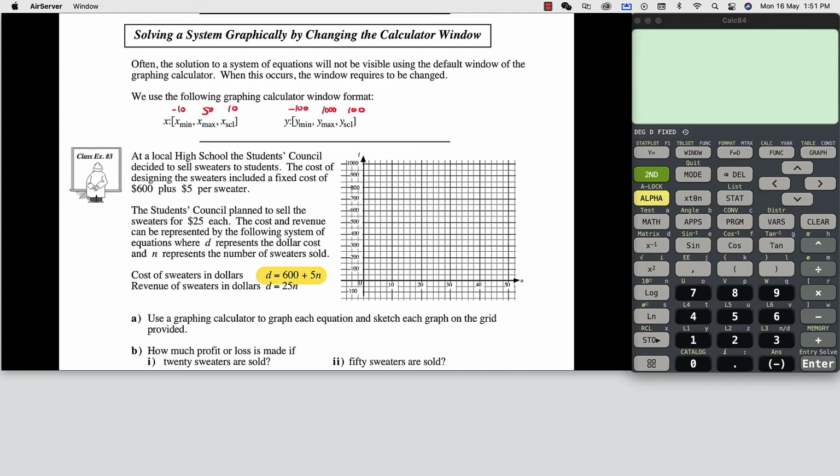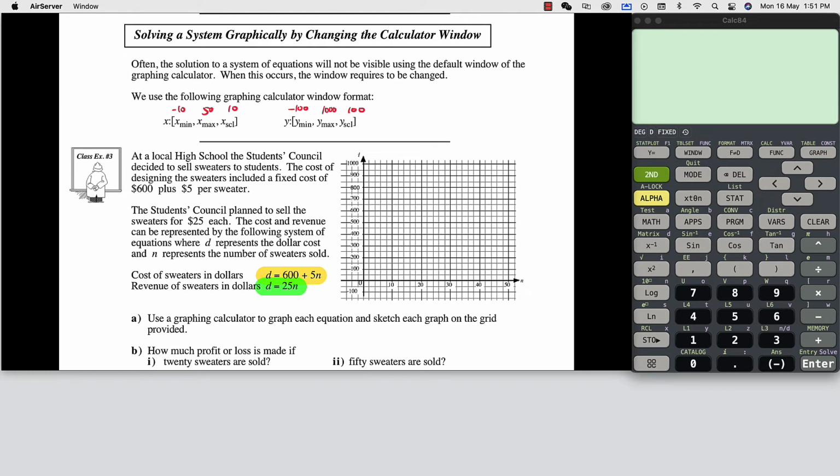So N represents the sweater, and D is going to be the cost. Okay, and then the revenue is D equals 25N. So they're selling each sweater for $25.